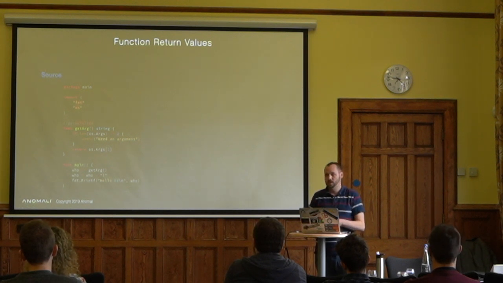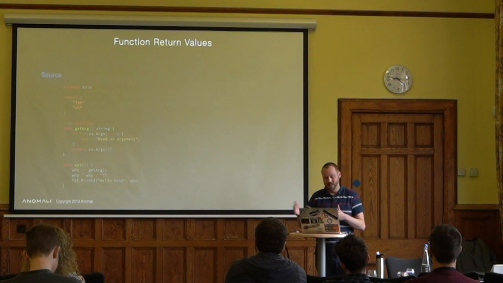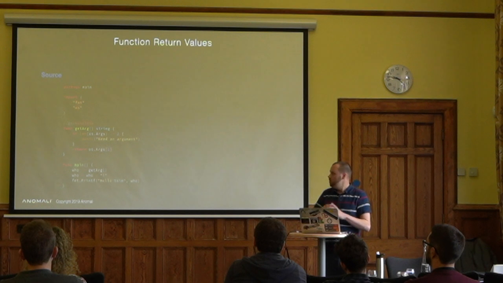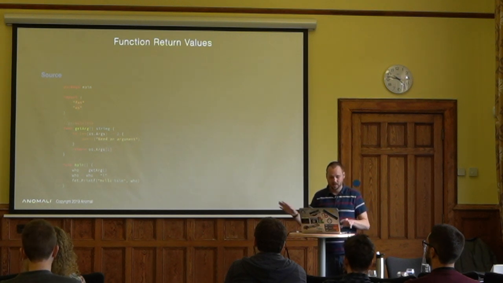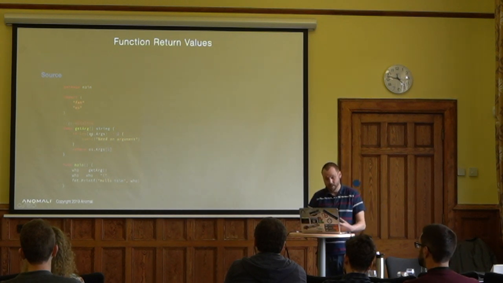Go supports the return of, I don't know what the maximum is, but multiple return values. So it's not limited to one like most languages. And this is just an example that's being used. This pragma is just to tell the compiler to not inline it, which it would do otherwise.